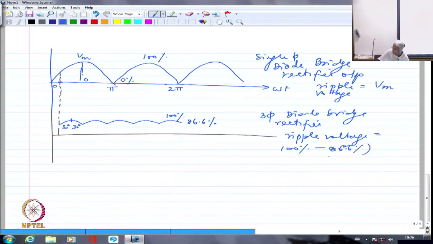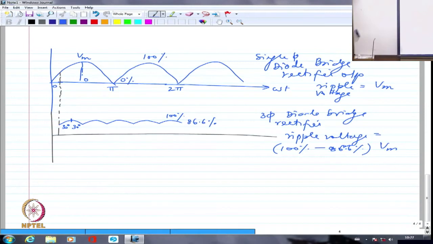So in that sense, my 3-phase diode bridge rectifier is almost copying a DC voltage pretty much. So this is definitely much more suitable for running a DC motor drive as compared to what I would do with a single phase rectifier.